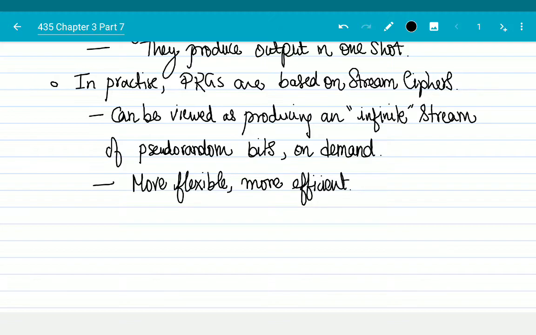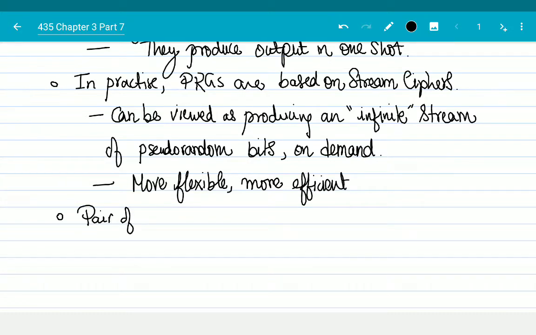Okay? And so how are these constructed? They're constructed by a pair of efficient, which is polynomial time, but deterministic algorithms.